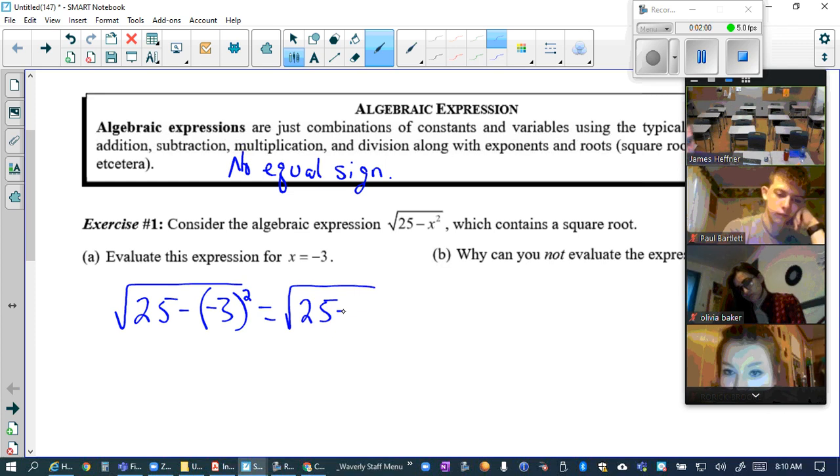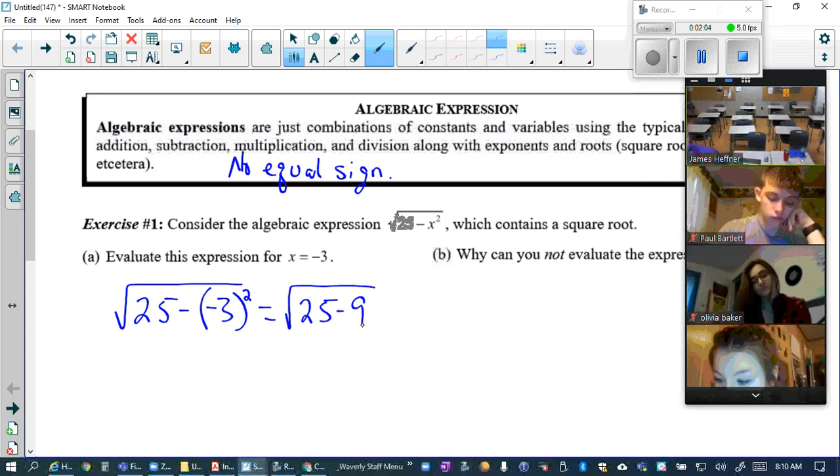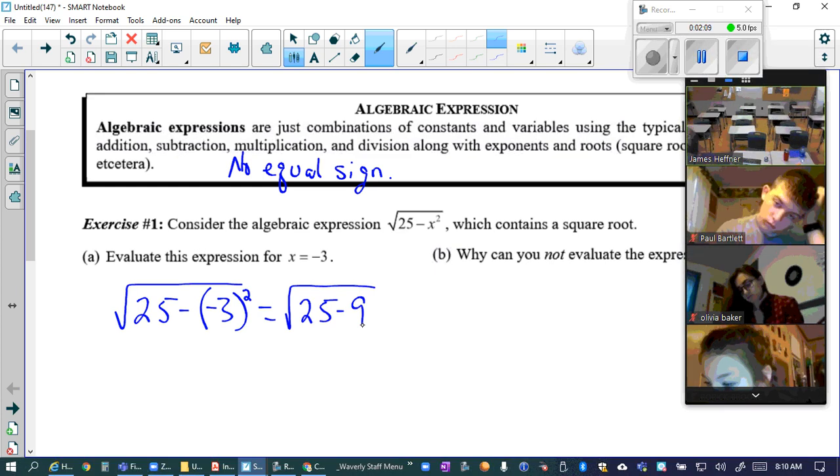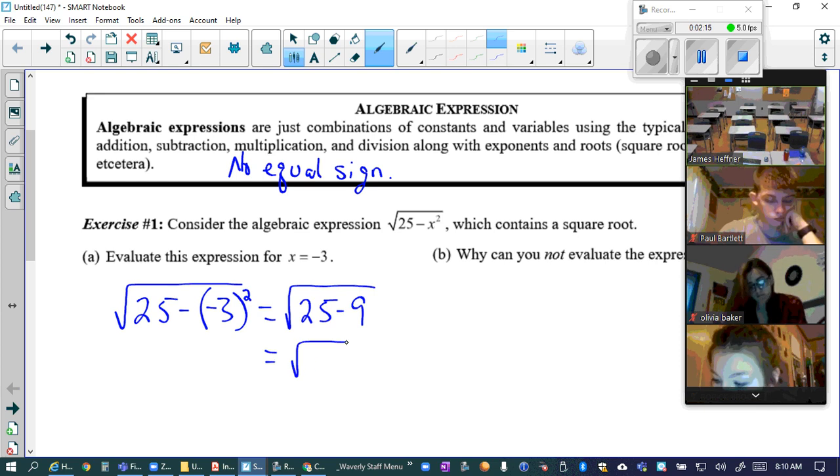Anytime you square anything, you always get a positive number, right? There's a minus sign in there just because that was in the expression to begin with. And of course, order of operations, we're going to work from the inside out. So 25 minus 9 is 16.